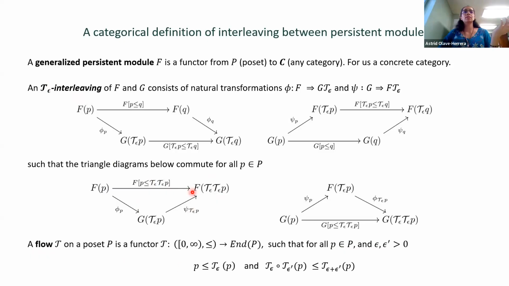What they do is take, for each epsilon, a monotone function inside the poset. So basically for each epsilon, you have a function that tells you how to jump in the poset, and you always jump forward, so you have these 2 extra conditions that tell you that. This is a way to say how to shift by epsilon in any poset, not only in the line. In the line, you usually have the plus epsilon, but you can have other ways to jump.